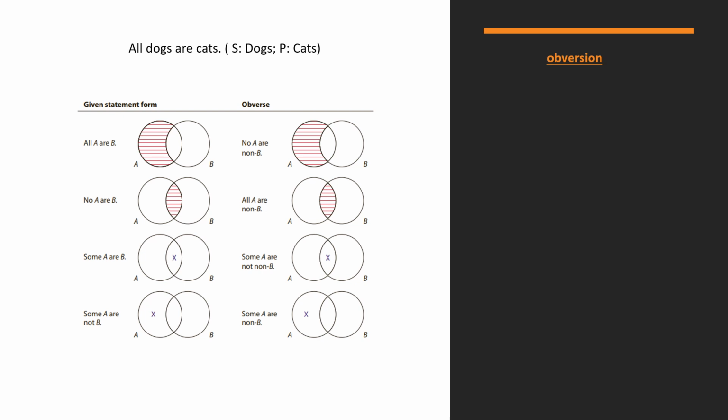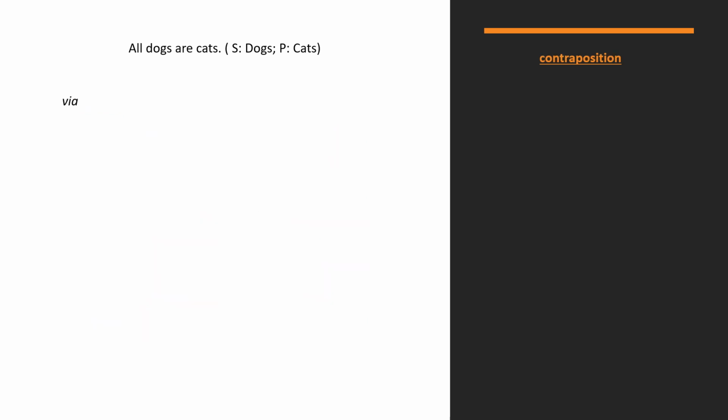Now, let's see if the same thing is true with contraposition. Now, look at this. You do the contraposition process by switching terms, like what we did with conversion, and class complementing both terms. So you class complement S and class complement P. Not only that, you will be switching them, you interchange them.